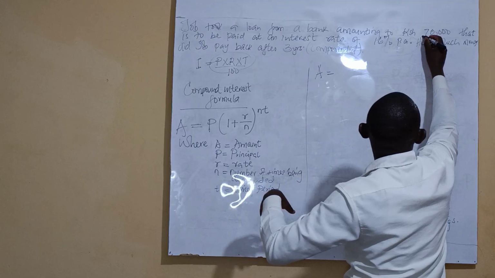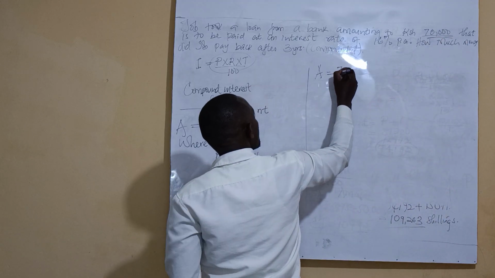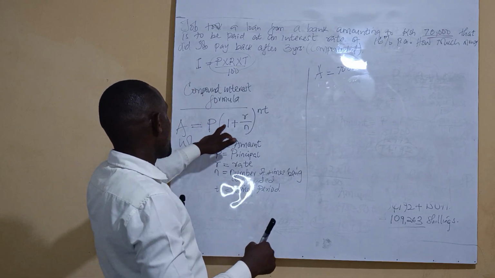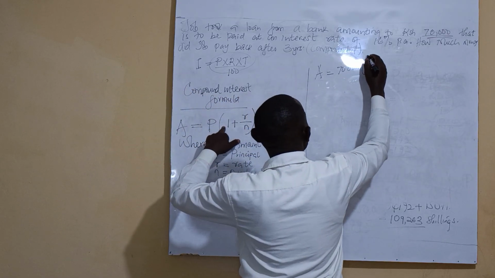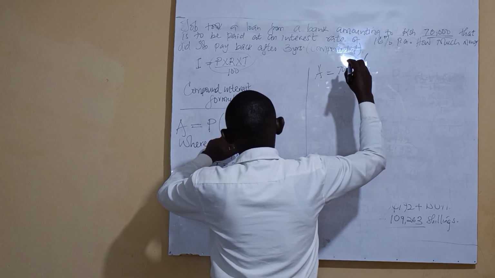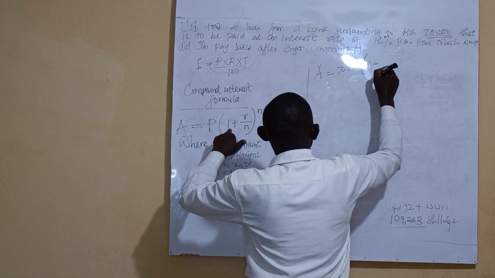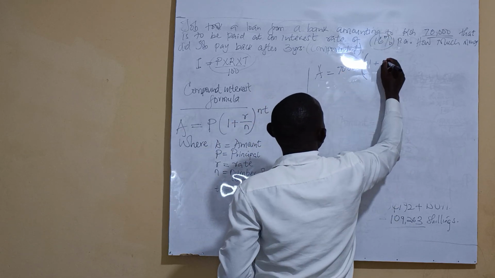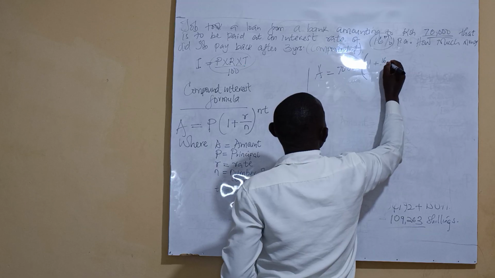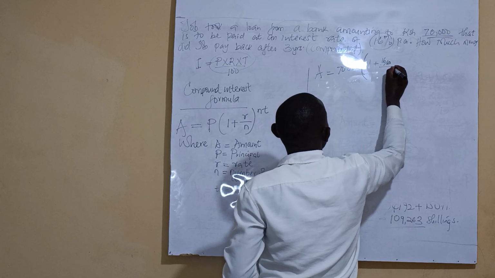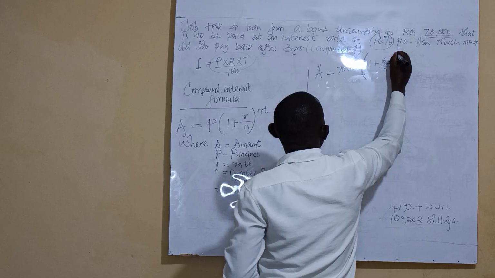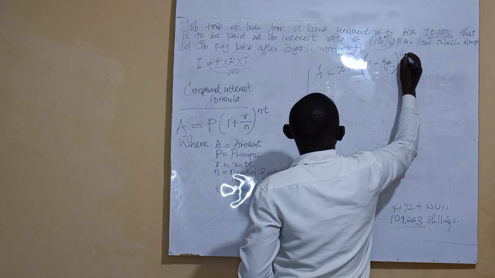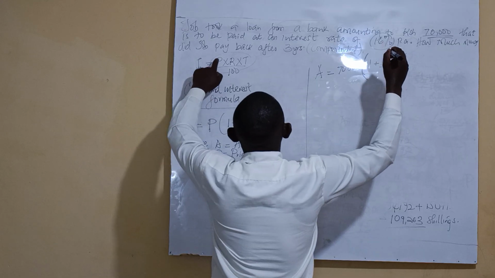See, here it is 70,000, then multiply, so it should be in brackets like that. So 1 plus the rate, which is 16%, all over N, into brackets NT, N multiplied by T.